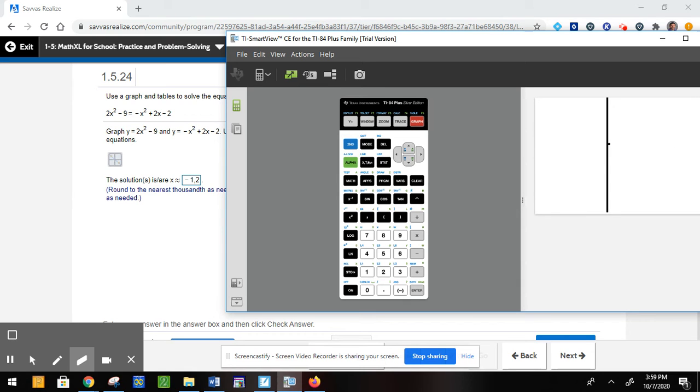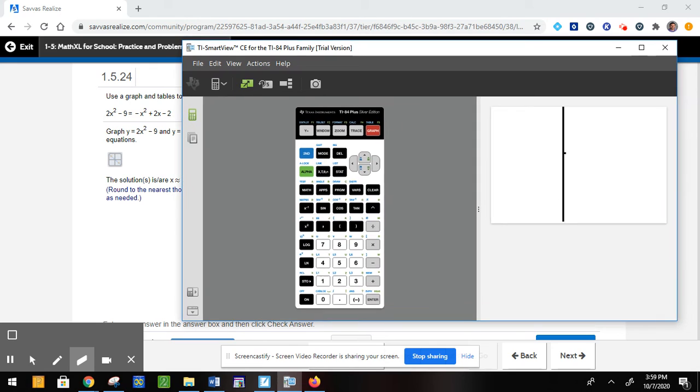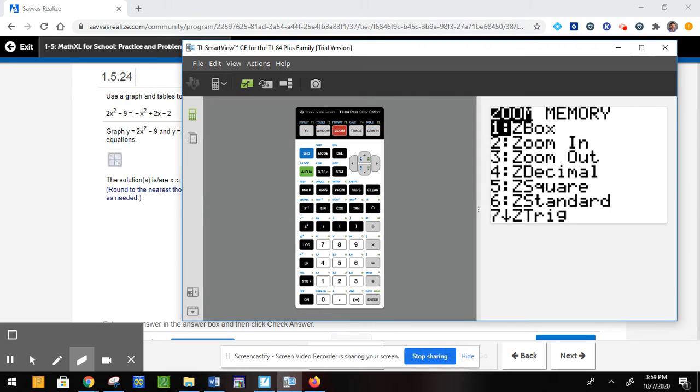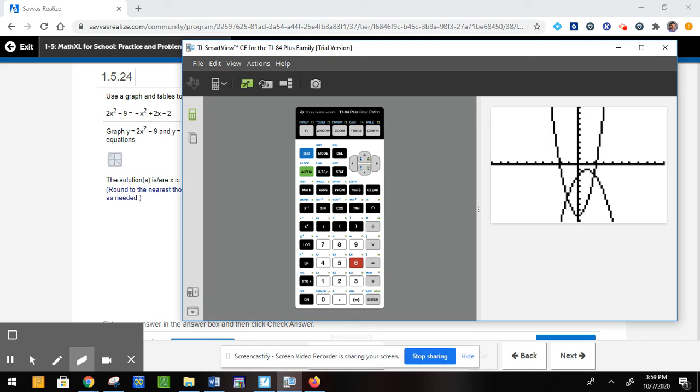And for the graph, I can't say anything because I zoomed for a different question, so let's just zoom standard. That's a good place to always start for any question.